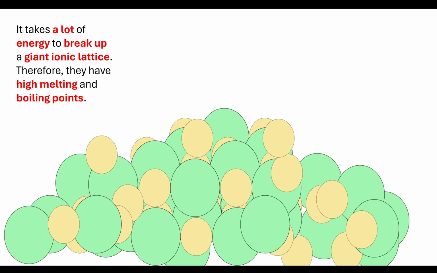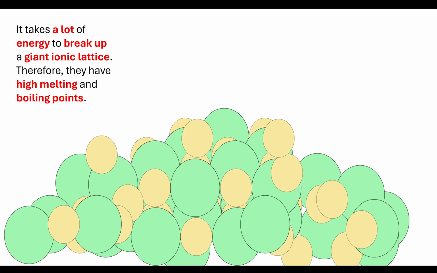Remember, melting is where we change the state from a solid state to a liquid state. And it also has a very high boiling point. So that would be changing its state from the liquid to the gaseous state.